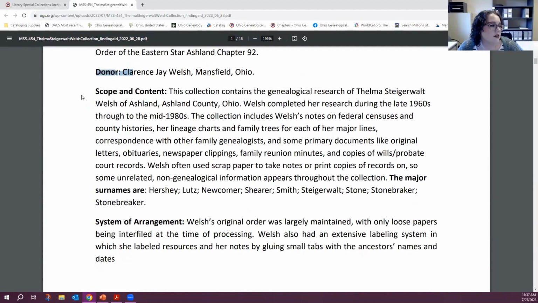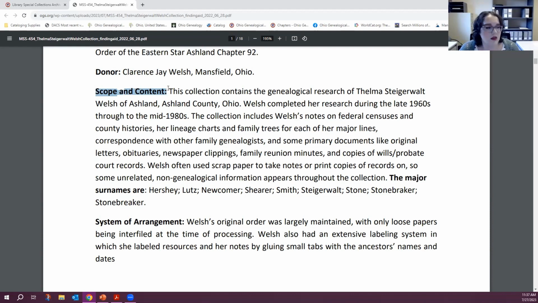Another one that you'll probably want to look out for is scope and content. The scope and content note is essentially a summary of the collection. What is it? What does it talk about? What does it contain? And any other important information that the processor or the creator of the finding aid thought patrons should know about.